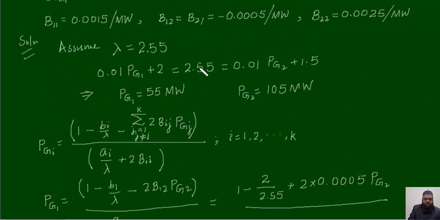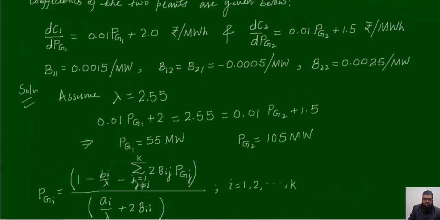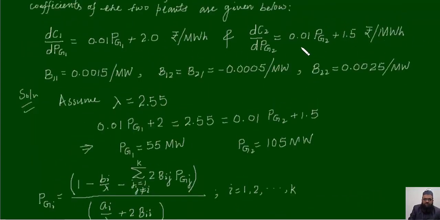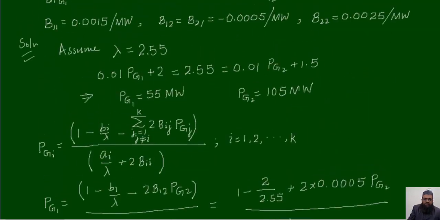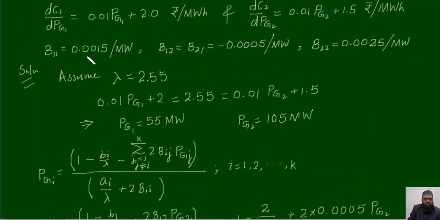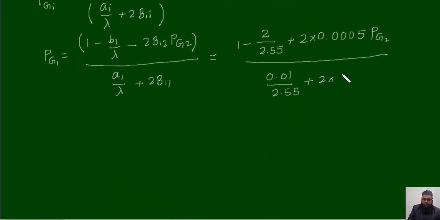A1, just we have seen A1 is equal to 0.01 here, from here 0.01, B1 is also 0.01 in this problem. So 0.01 upon lambda, we have assumed 2.55 plus 2 into B11 is given, loss coefficient 0.0015 per megawatt.